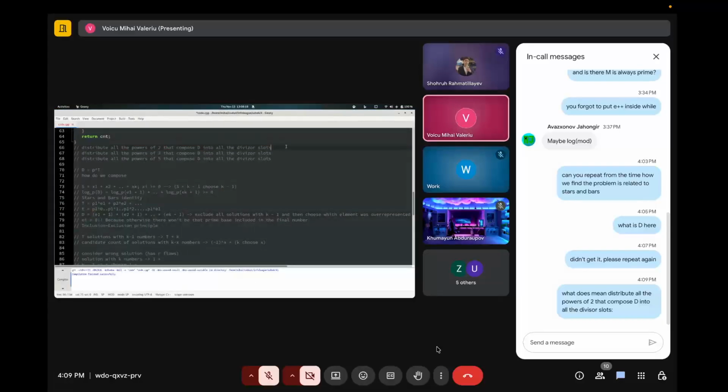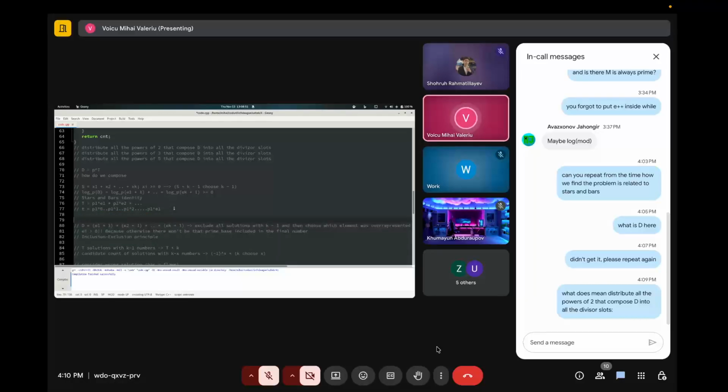Here, it relates to this initial idea that D is a product of multiple divisors. If D were equal to P to the power of T, we would really care about how we can distribute the exponents to each of the divisors that we will ultimately have to split D into.